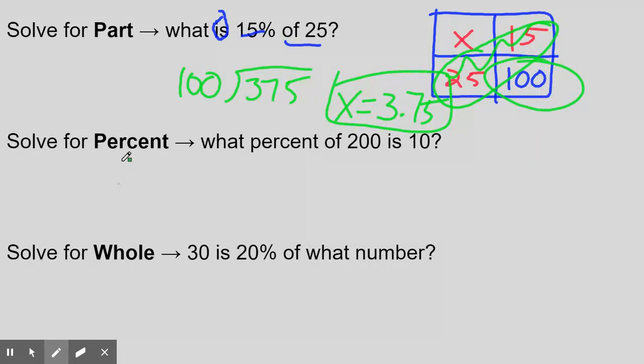Now, for the next two, I'm not going to solve it. I just want to practice setting it up. So, solving for percent: what percent of 200 is 10? Let's break this down. What percent? Well, we don't know, so I'm going to draw my box. What always goes on the bottom right? If you said 100, good job.